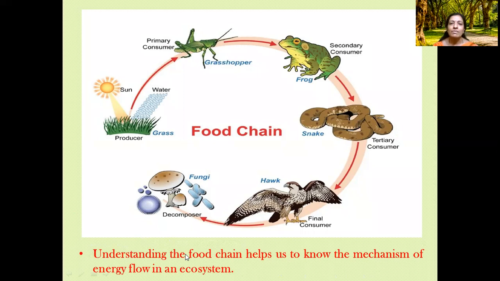Then you have some other animals such as the frog which eats the grasshopper for food and is known as the secondary consumer. Next you have a snake which eats the frog for food, and so the snake is known as the tertiary consumer. Next you have a hawk which eats the snake, and so the hawk becomes the quaternary consumer.